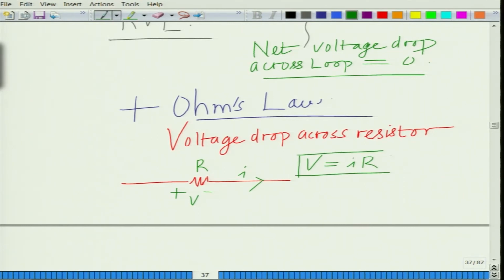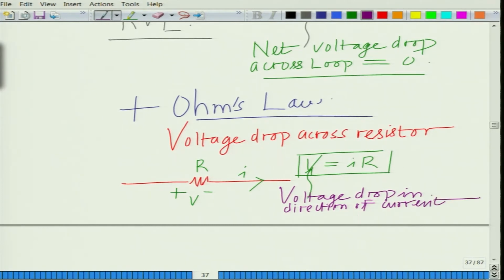The way to read this is the voltage drop in the direction of the current. That is, we are going in the direction of the current across a resistance of value R, the voltage drop across that resistance is given as V equals IR, in the direction of the current I.